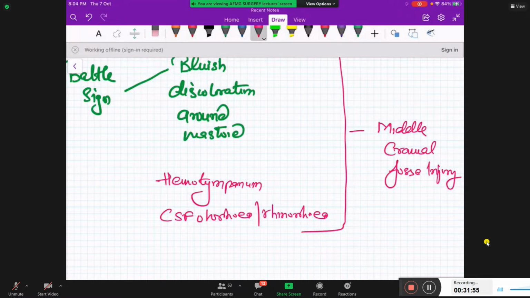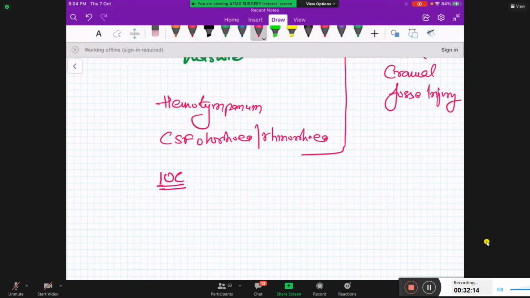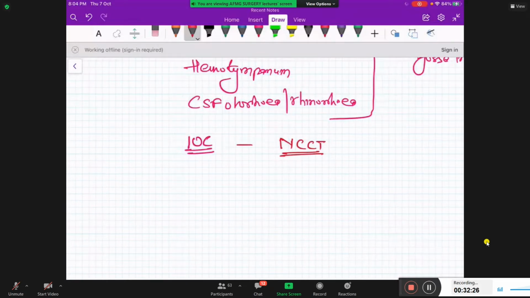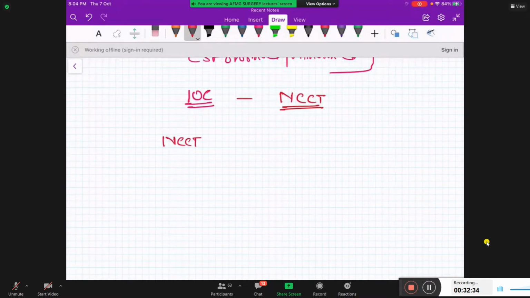To make out the type of injury, we have to do some investigation. So what is the investigation of choice? The investigation of choice for head injury is non-contrast CT.